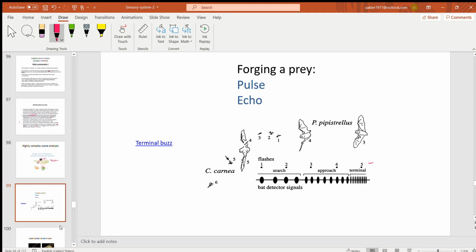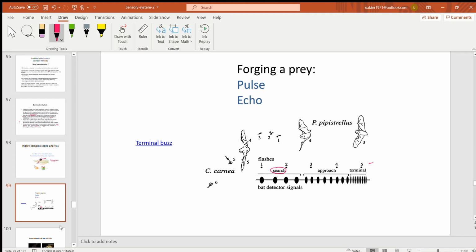First, they're just looking for food or prey, they produce few pulses in one unit of time. So you can see here that is called the search phase. That means the bat is just producing a pulse and waiting to listen to the echo, and it will not produce another pulse until the echo returns. Otherwise it will hit the returning echo before it arrives.